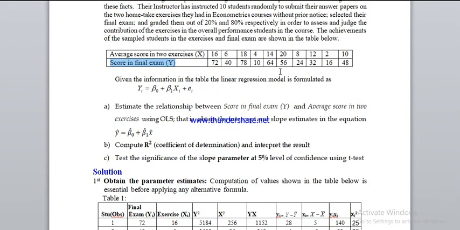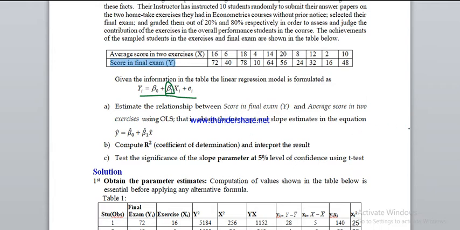So based on the given information, the following estimable model is formulated, that is, y is a function of x: our final exam is a function of test score. Our interest is to find the value of the sample parameter beta 1 and check whether this sample parameter is significant or not.